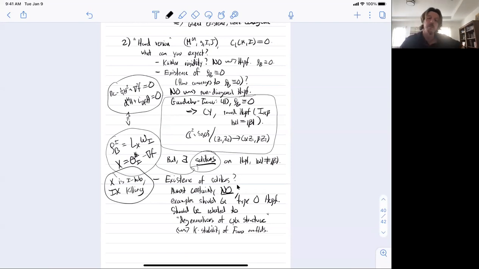We already know, because of your work, that these type 0 Hopf surfaces do not admit generalized Kähler structures at all. And because of that, of course, they will not admit solitons. But here I was thinking of just the existence of pluriclosed solitons, so just this same PDE, but only with the one complex structure.